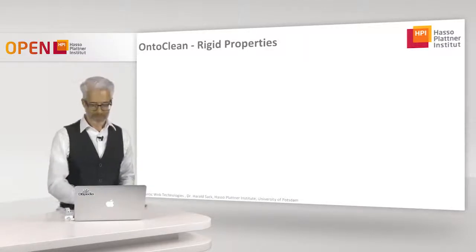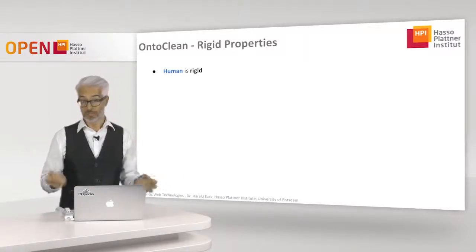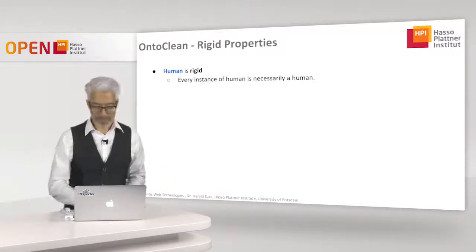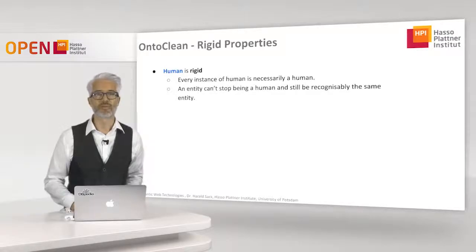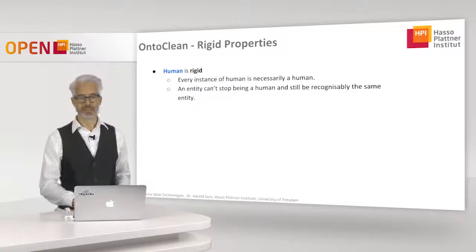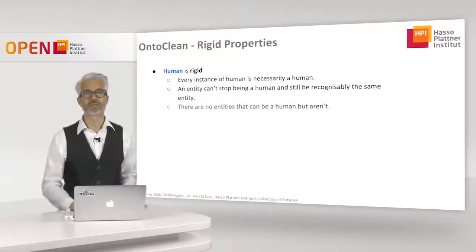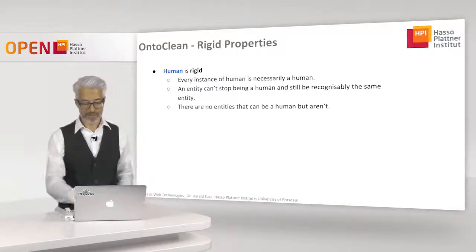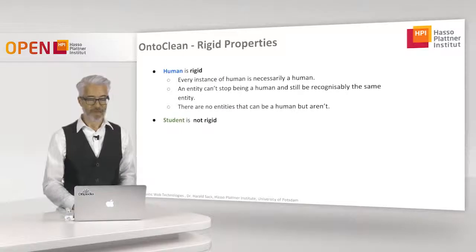Okay, let's go on with an example. Human, like person, is a rigid property, since every instance of human is necessarily a human, and an entity can't stop being a human and still be recognizably the same entity. That's the point. There are no entities that can be human but aren't humans, at least not in our real world.